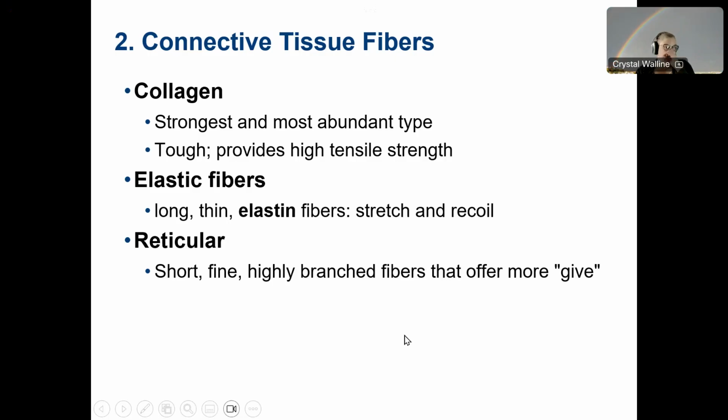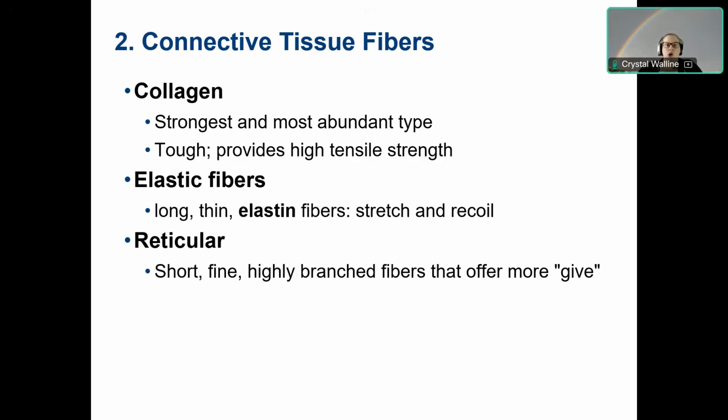Okay, moving on to the fibers. Fibers are like the steak of the extracellular matrix. Like if you look at a steak, you can see the muscle fibers intact within it. And these are proteins that have an elongated string-like fibrous shape.